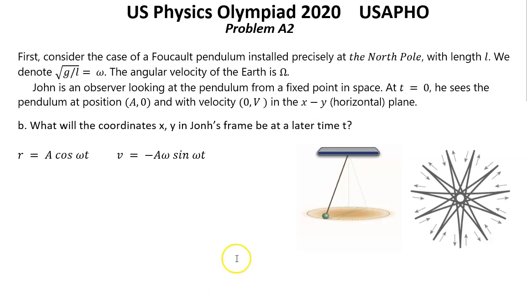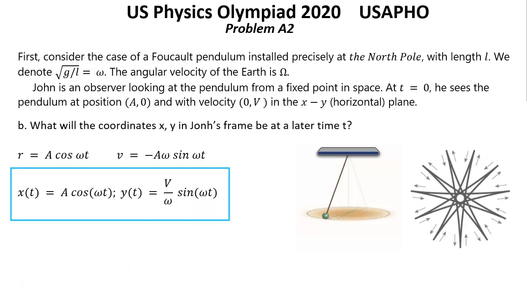If we use the initial position and velocity like this, the solution will be x equals A cosine omega t and y equals v over omega sine omega t. So that's the solution, and this is the answer for question B.